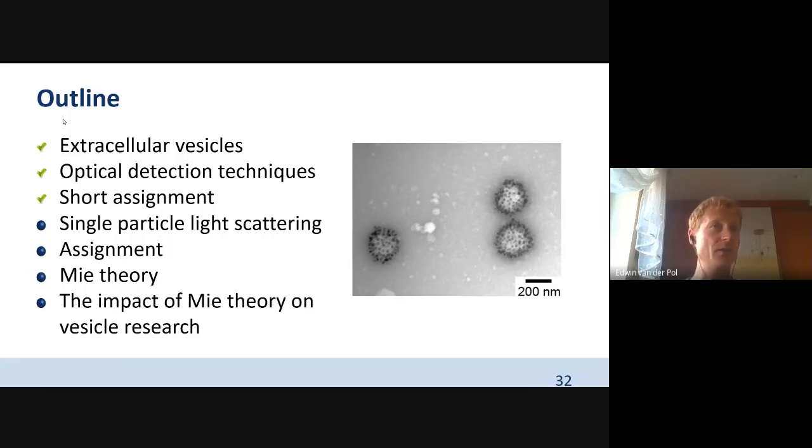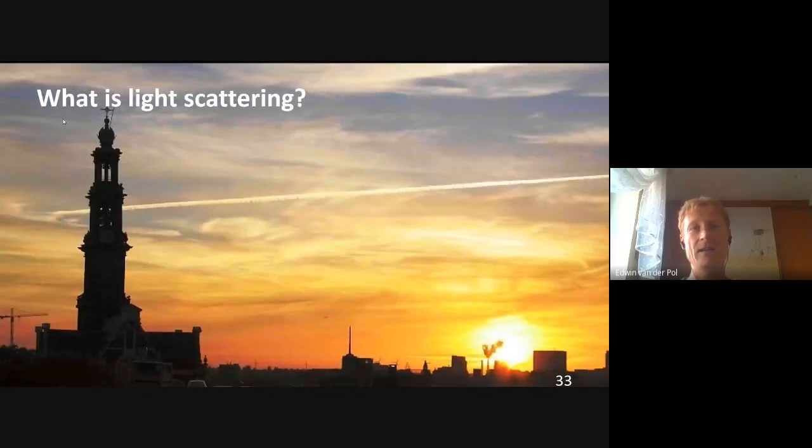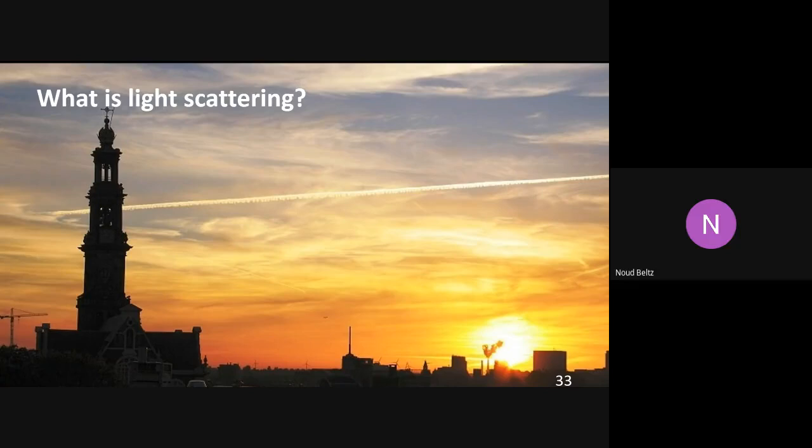Let's move forward to single particle light scattering. And the first question I'm going to ask you, so if you have something to say, please unmute your microphone. What is light scattering actually? Because we were talking about it already for some time, but what does it mean? Any thoughts? It's the way the light interacts with particles in the air.